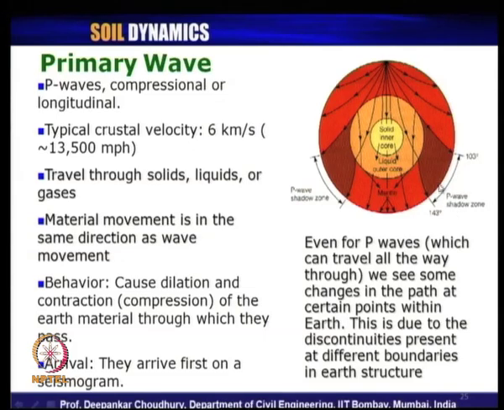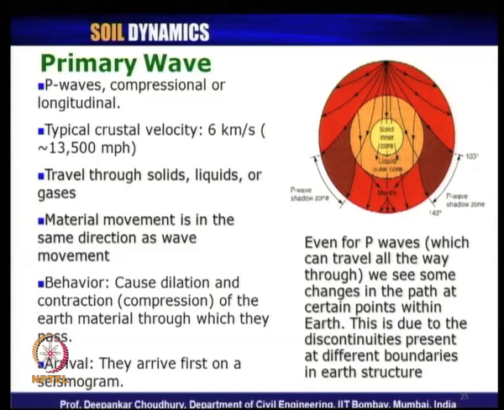What does it mean? If there is any seismograph located at these stations, at these locations, in that case this seismograph cannot record any earthquake wave generated because of an earthquake at this place. Fine? Okay. So, these are all about P waves or primary waves.